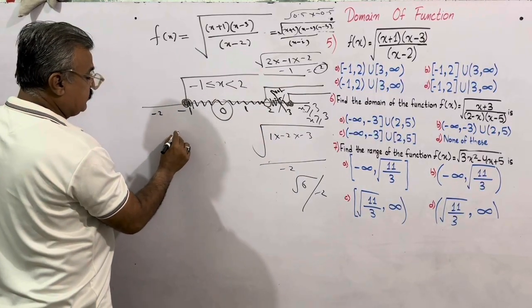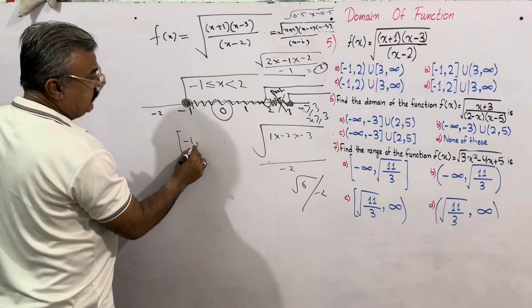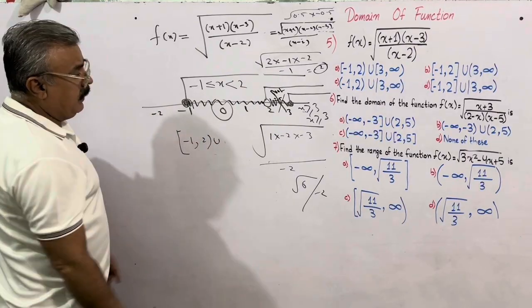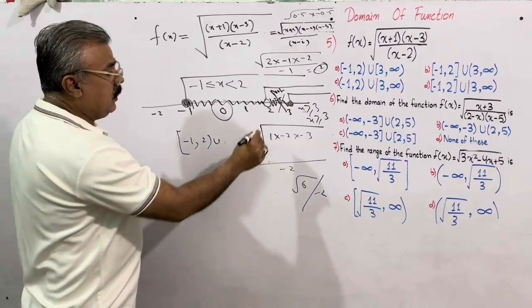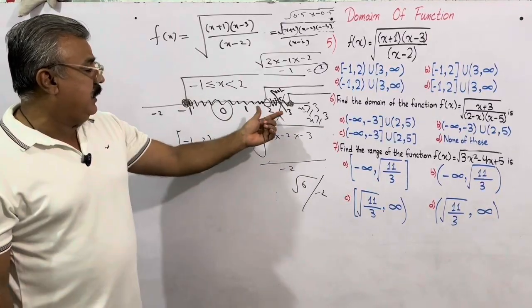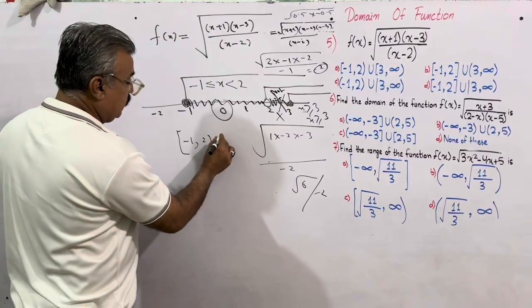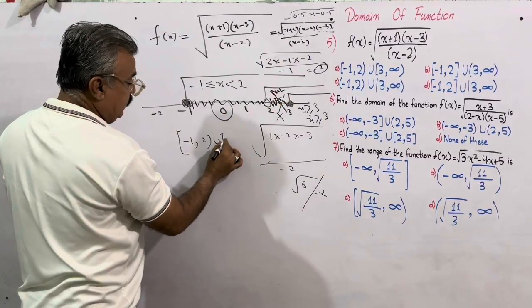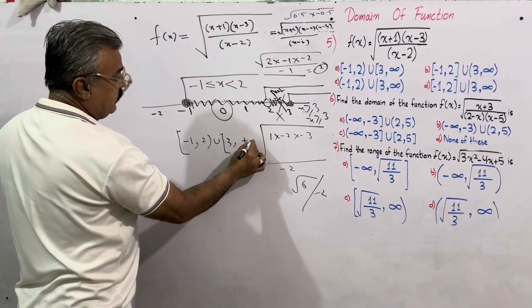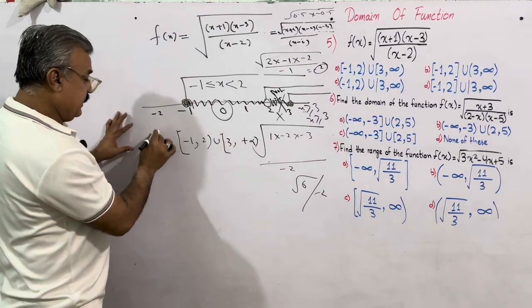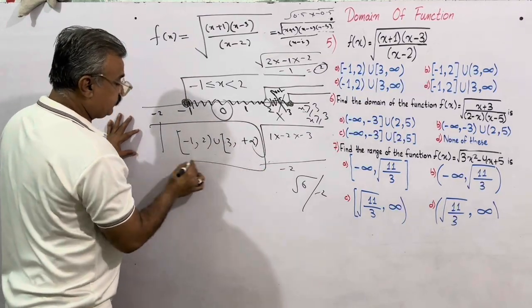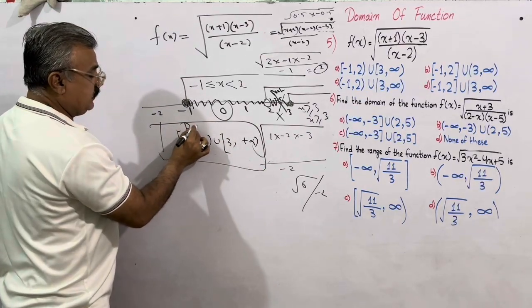So I can write this semi-closed interval minus 1 to 2, union. Between 2 to 3 we have to discard these values because they give us negative values in the square root. Then from 3 towards the right hand side, that is our domain for this function.